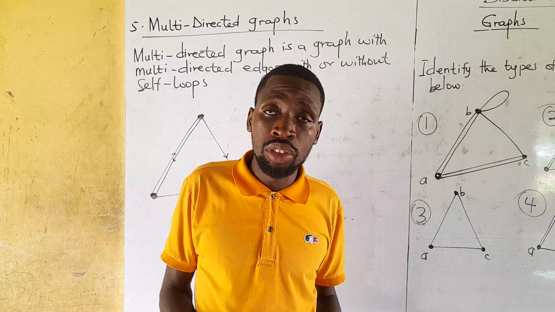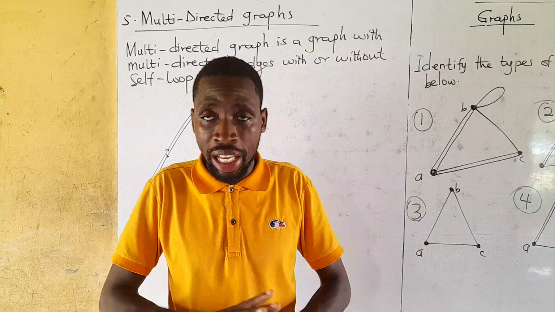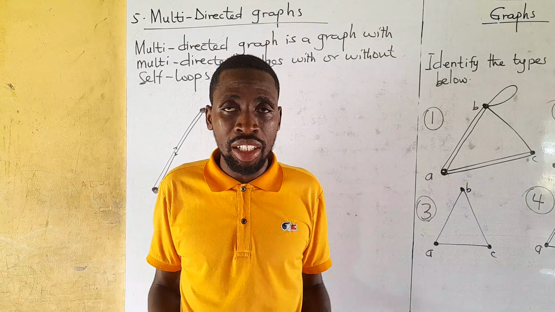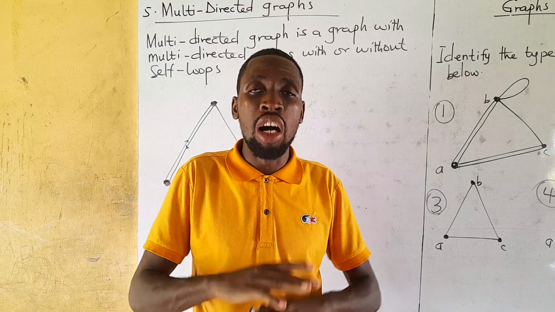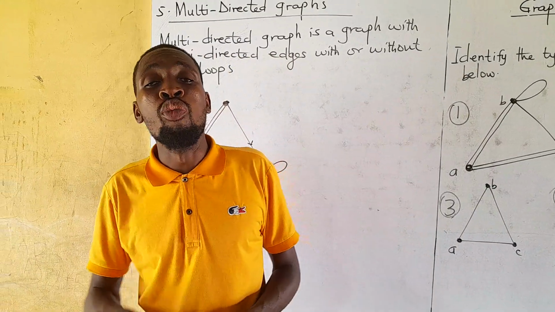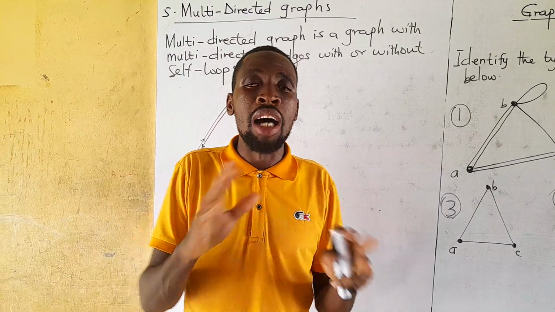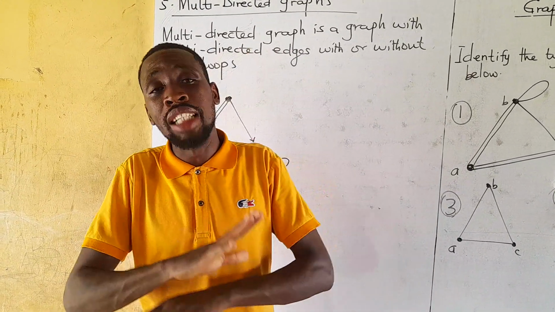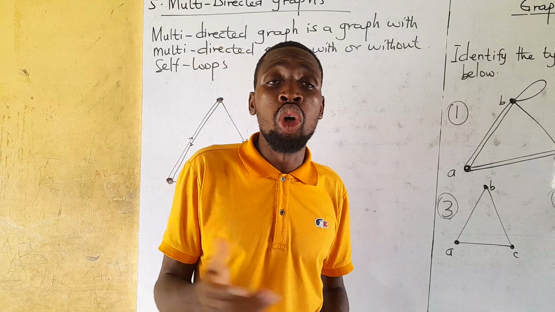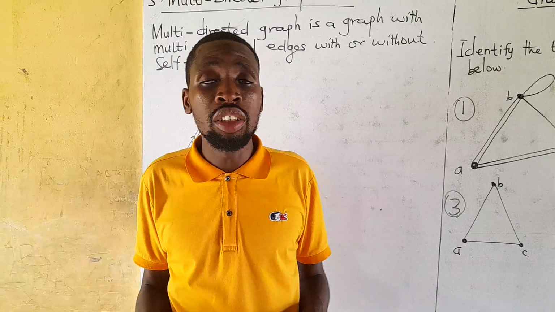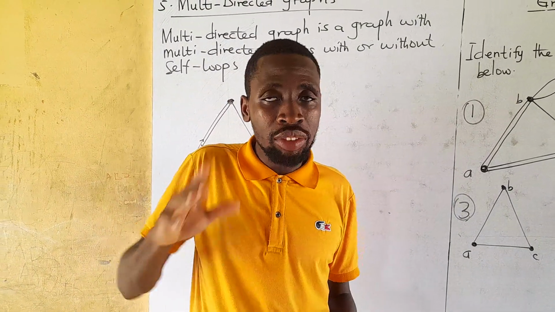Simple graphs are graphs that don't have multi-edges. The edges are not directed, neither are they multiple, and they don't have self-loops. Multi-graphs are graphs with multiple edges, but they don't have self-loops, and the edges are also not directed. Pseudographs have multi-edges and self-loops.